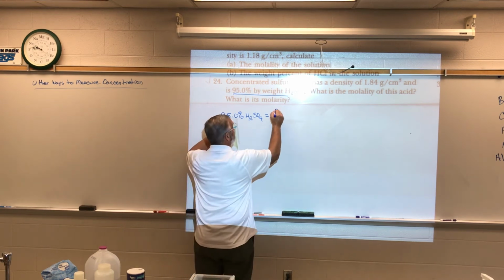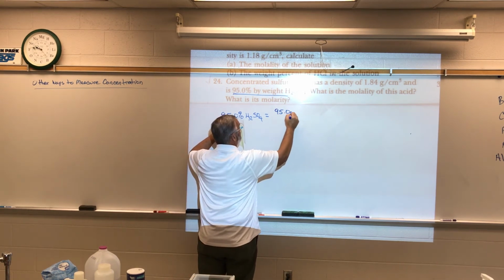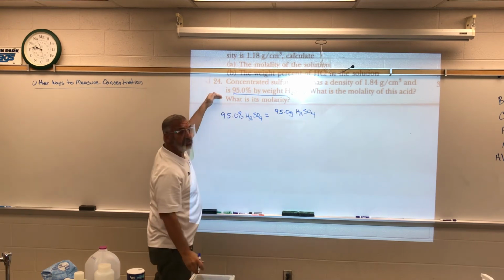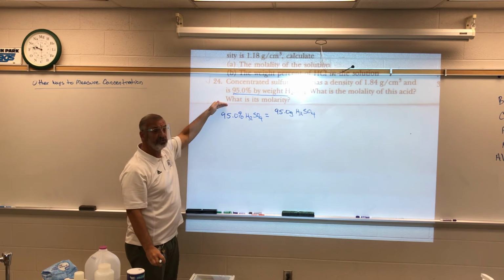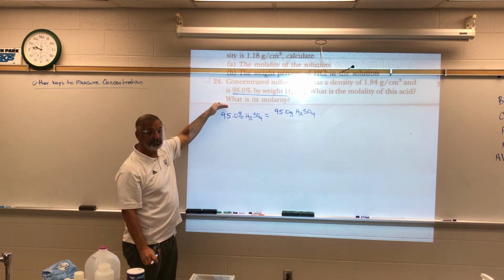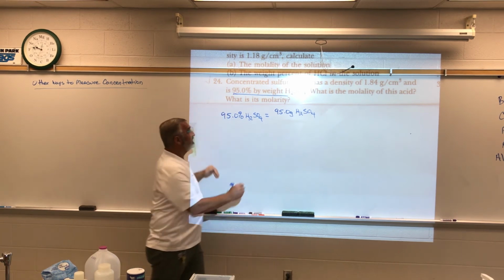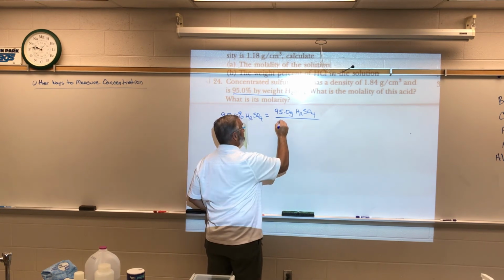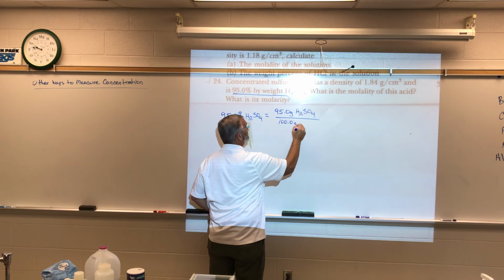95 grams. Because it doesn't tell you, I mean, the solution is homogeneous, so it doesn't matter how much. So we're just going to assume, well, let's just say we have 100 grams. So then that means that I have how many grams of solution? 100 grams of solution.